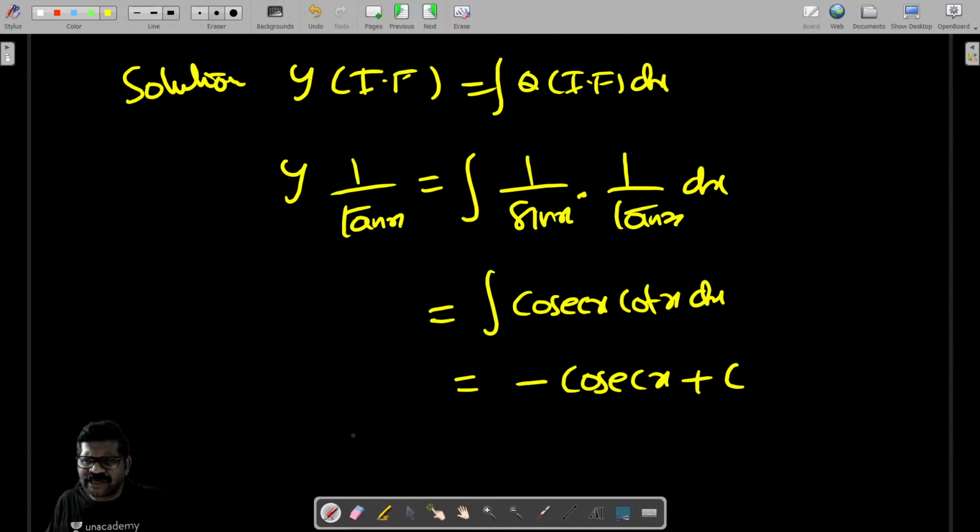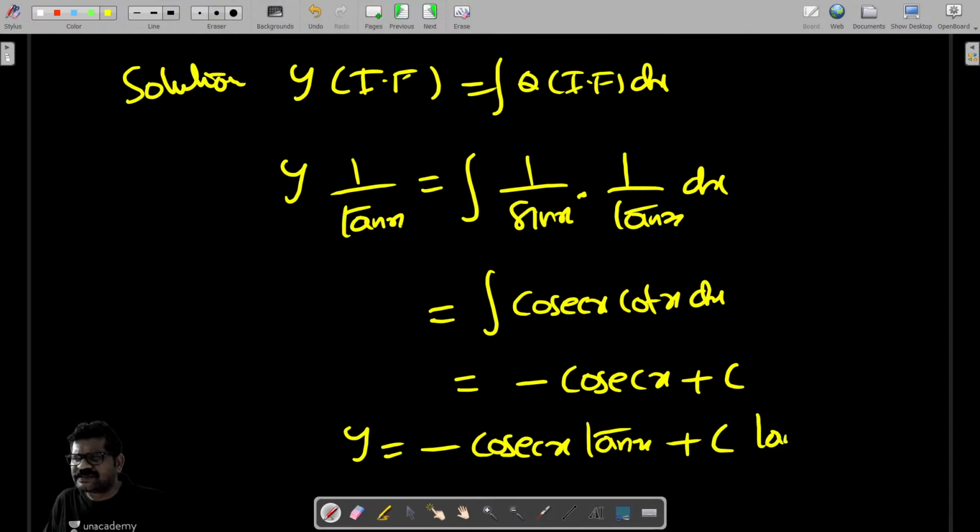So y is equal to minus cosec x into tan x plus c into tan x.